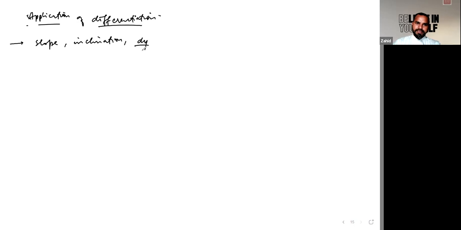So dy dx simply defines you tan theta, where theta is the inclination with respect to x, the angle with respect to the positive x-axis.